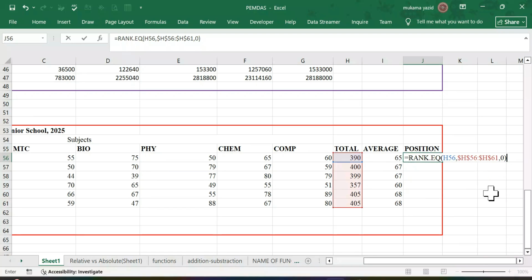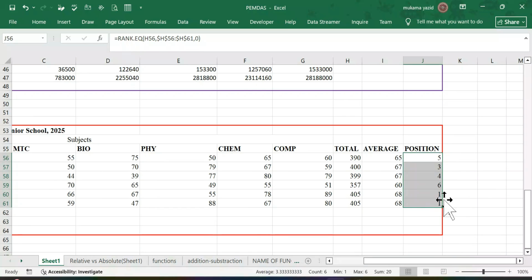I want the one with the highest score to be in the first position, that's why I'm selecting descending. So I press enter, and we can see the one with the highest marks gets the first position.